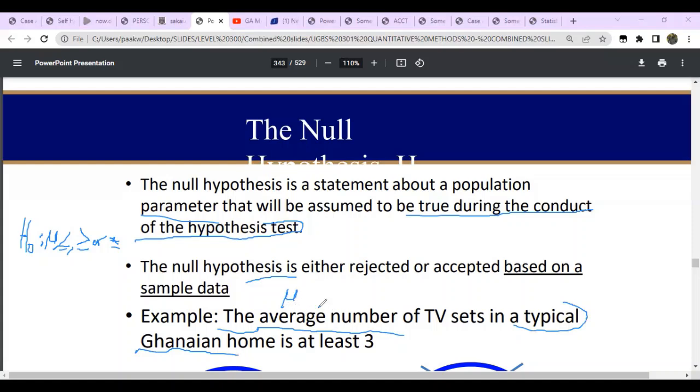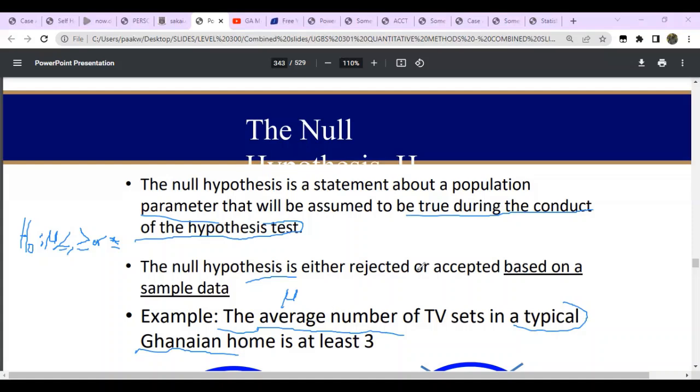So how do we test this hypothesis, whether it's true or false? You pick a sample of it. So you go to central region, you check, you go to eastern, you pick a sample, you get it, and you either accept or reject this null hypothesis that in a typical Ghanaian home, the average number of TV sets is 3.